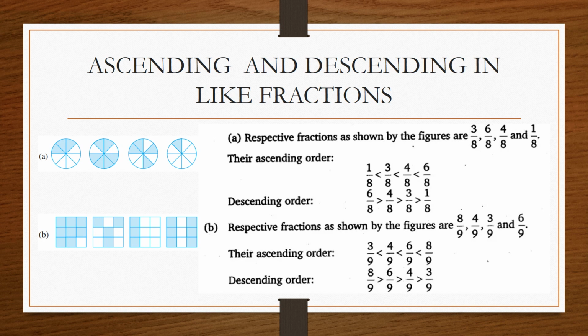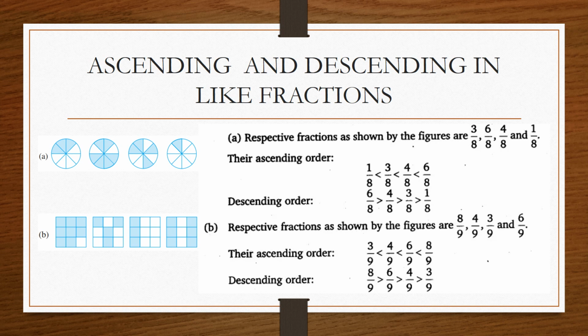In descending order, you write big to small. So 6 by 8 is greater than 4 by 8 is greater than 3 by 8 is greater than 1 by 8. Remember how to remember descending: going down. So obviously the opposite will be ascending, going up, small to big.